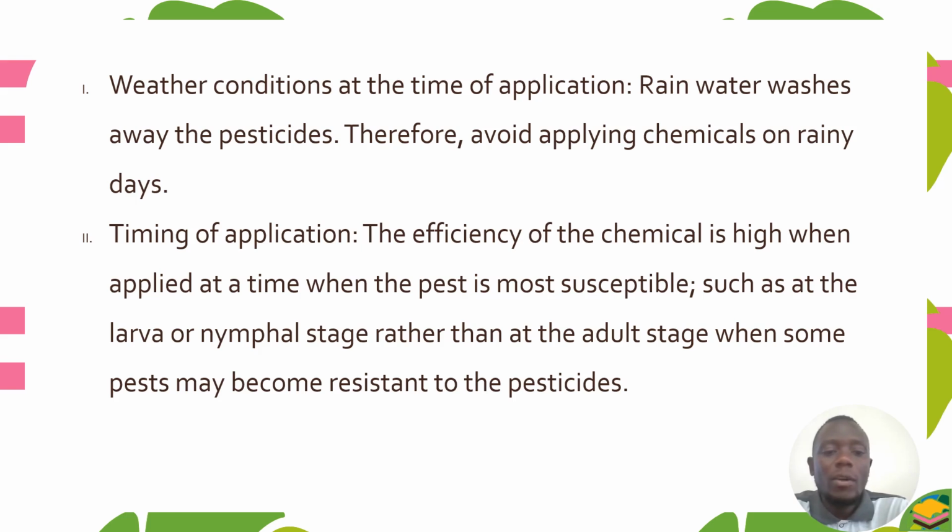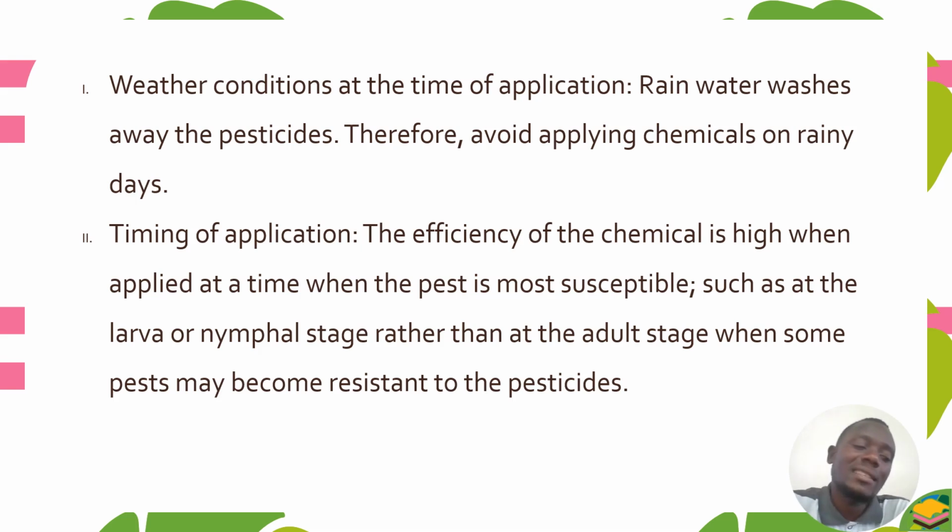Then we've got timing of application. The efficiency of the chemicals is high when applied at a time when the pest is most susceptible, such as at the larva or at the nymph stage, rather than at the adult stage when some pests may become resistant to pesticides.